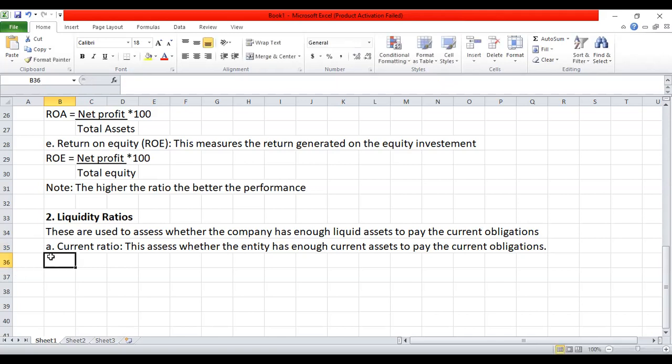So here, our current ratio is equal to current assets divided by the current liabilities.